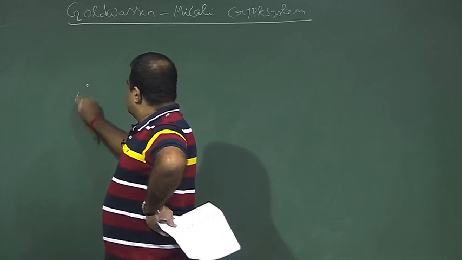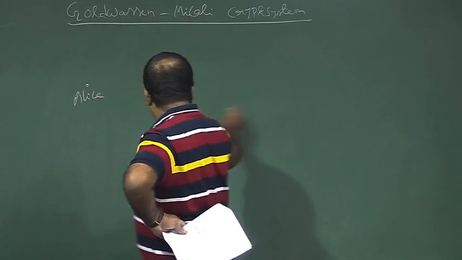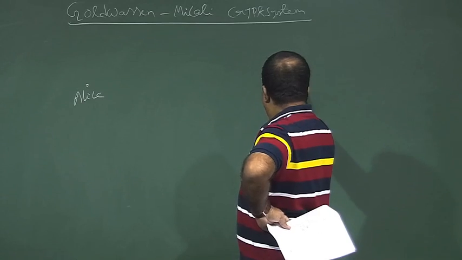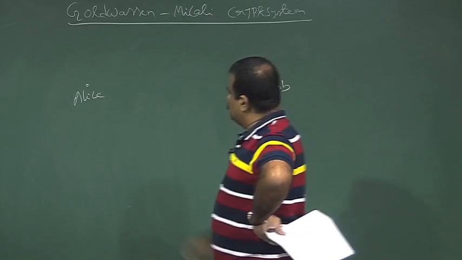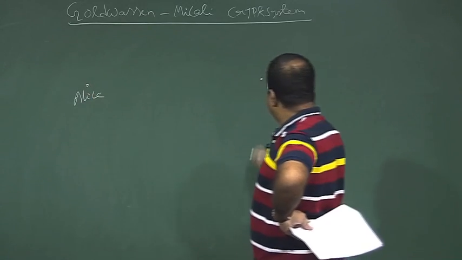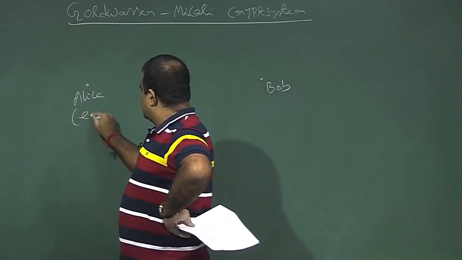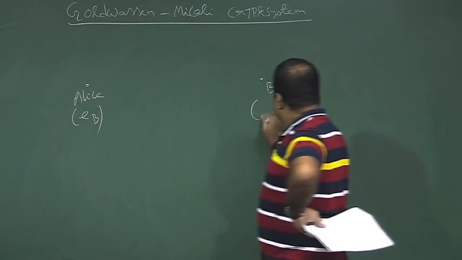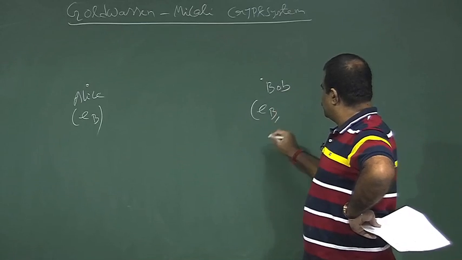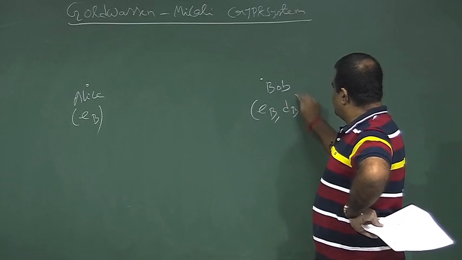Let us just recall, we have two parties, Alice and Bob. Now Alice wants to send a message to Bob, and in public key, Alice needs to get Bob's public key. That means Bob needs to generate Bob's public key and private key pair.